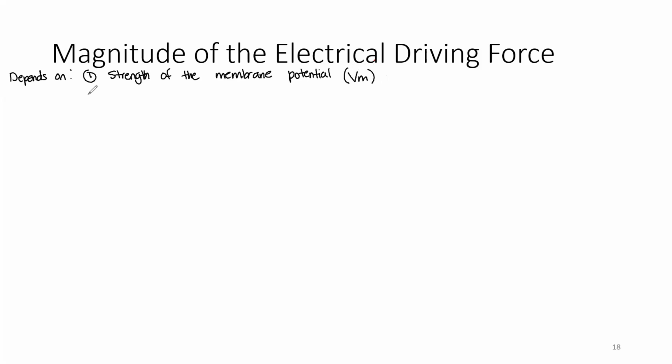The second thing that the magnitude depends on is the amount and the type of charge on the particle in question. That is basically to say, is this particle a cation or an anion? Is it positively or negatively charged? As well, is this particle a divalent ion or a monovalent ion?